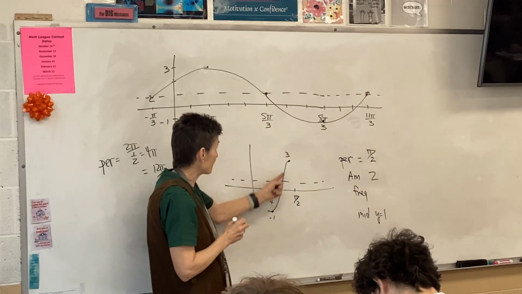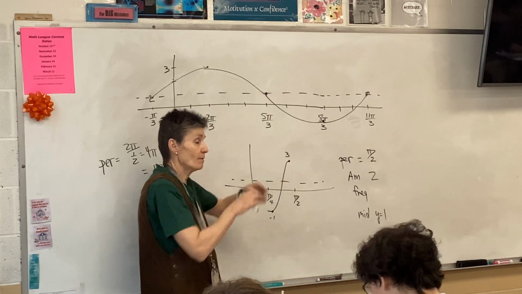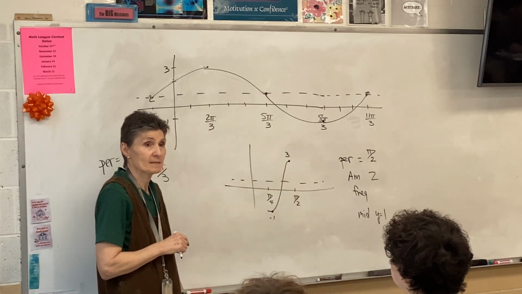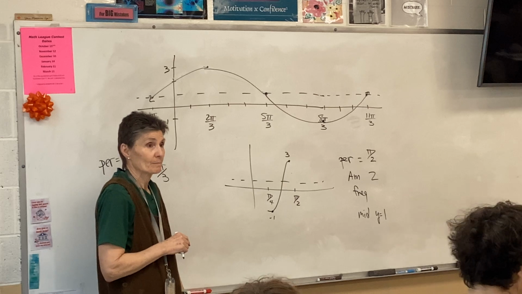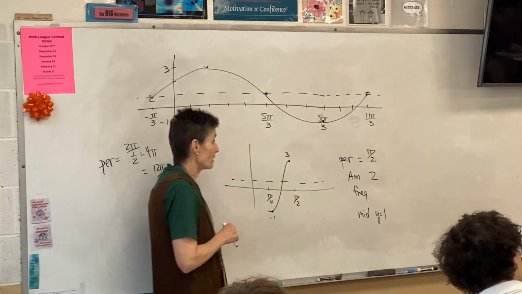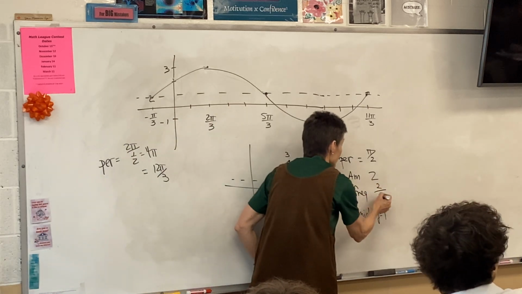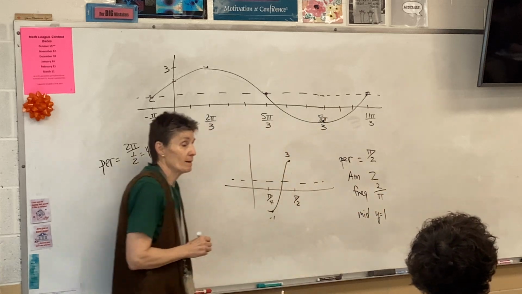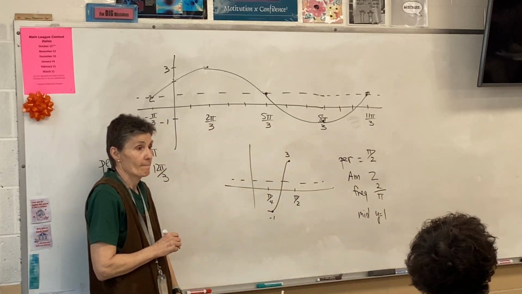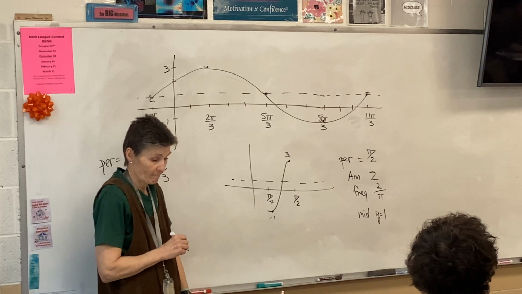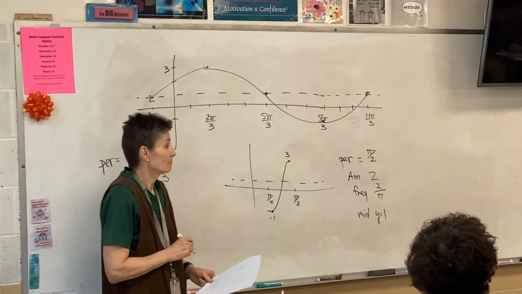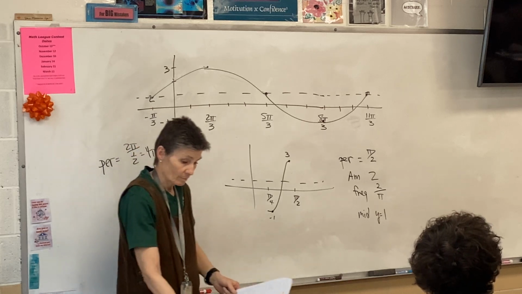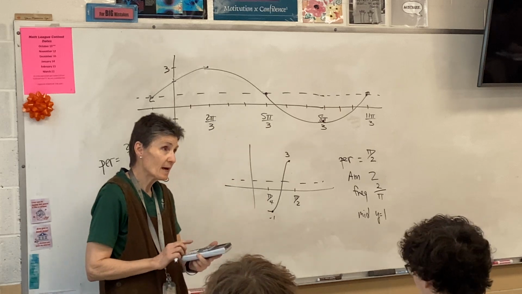If this is a fourth, then the whole period would be a half. Does that make sense to everybody? And if the period is pi/2, then the frequency is 2/pi. All right, are you okay with that?